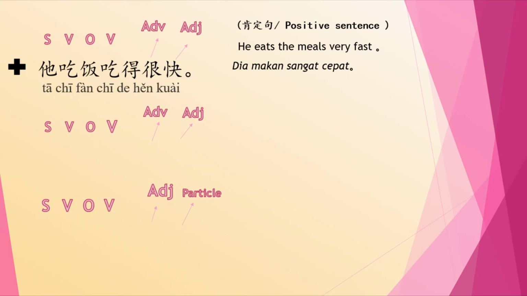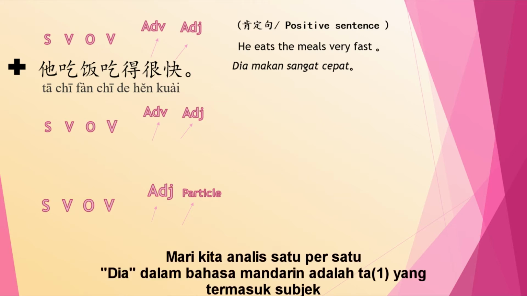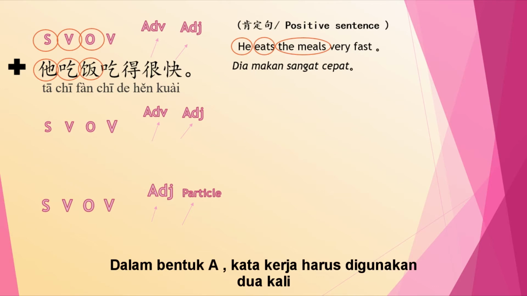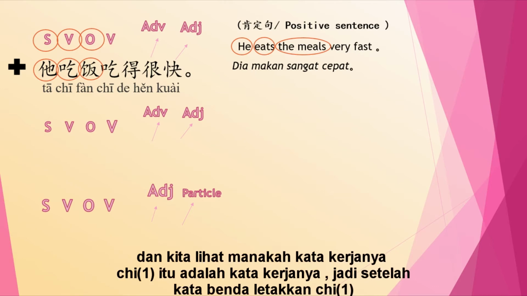So we analyze it one by one. He, in Mandarin is 他, which is the subject, and then 吃 plays the role as a verb, and then the meal is the object, which we translate into 饭. After that, in pattern A, you must use the verb twice. So we still see where's the verb.